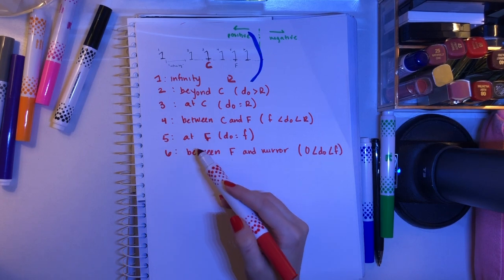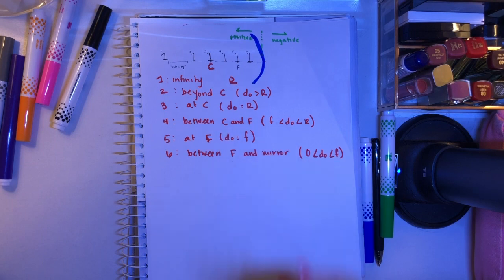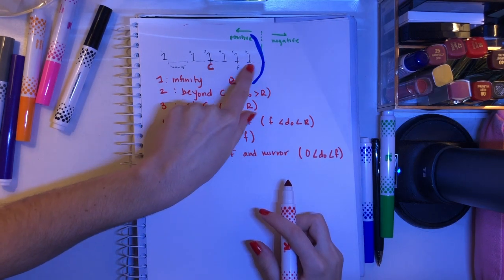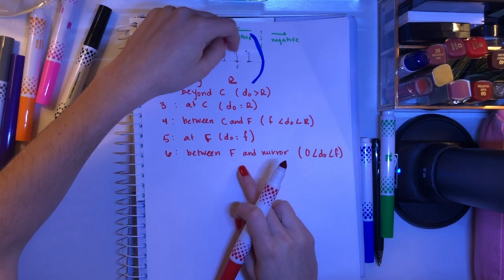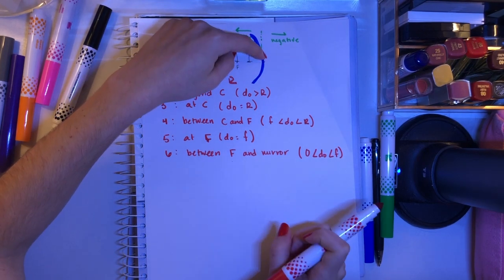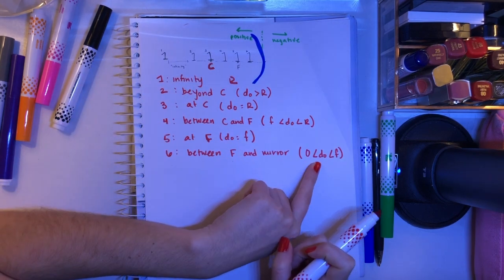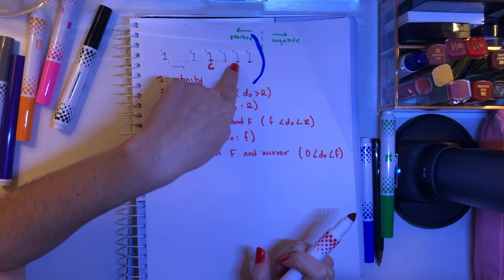Then the fifth location would be at the focal point, in which case the object distance would be the same as the focal length. And lastly, we have between the focal point and the mirror, in which case the object distance would be somewhere between 0 and the focal length.